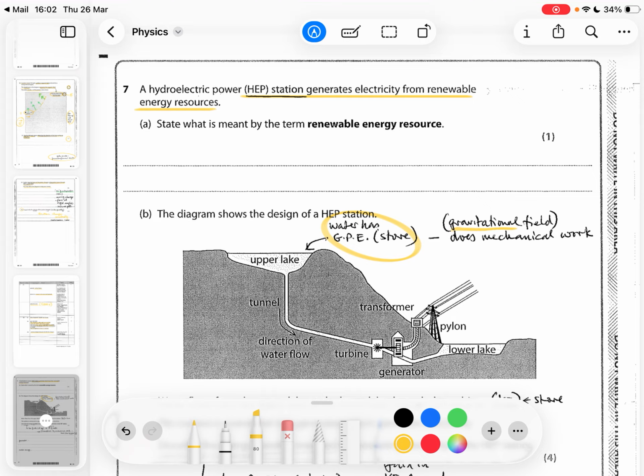And this gravitational potential energy can do mechanical work for you if you let it come through this pipe and turn this turbine, which is connected to a generator. And then the generator can make electricity, which you can then send to wherever you want through the national grid, held up by the pylons.